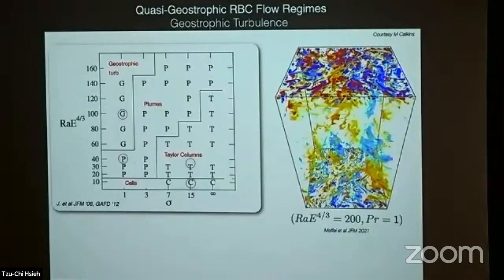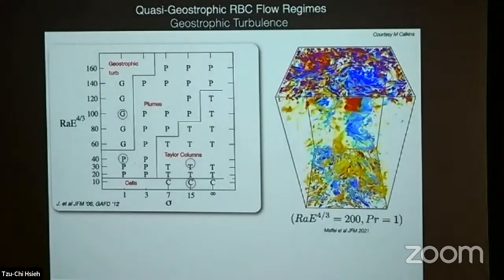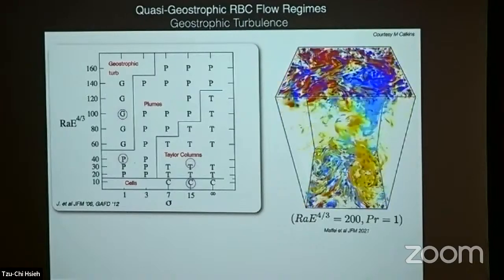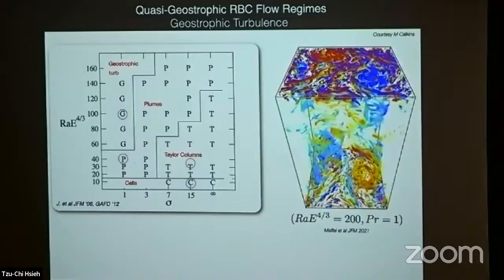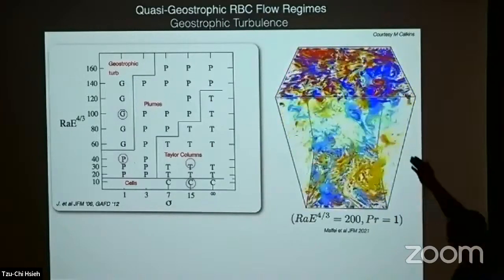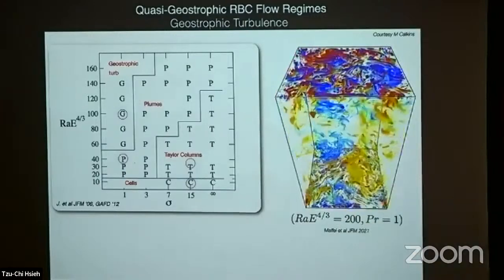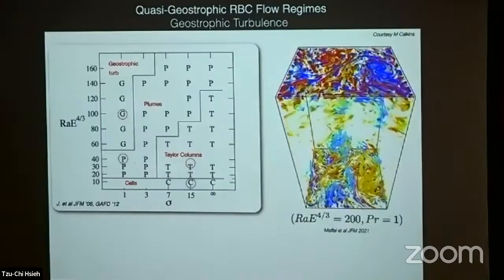And what we see here is that we call this the geostrophic turbulence regime. Let's go back one. We call this the geostrophic turbulence regime. So there's no longer any connectivity between the boundary layers, and it's just a turbulent interior.